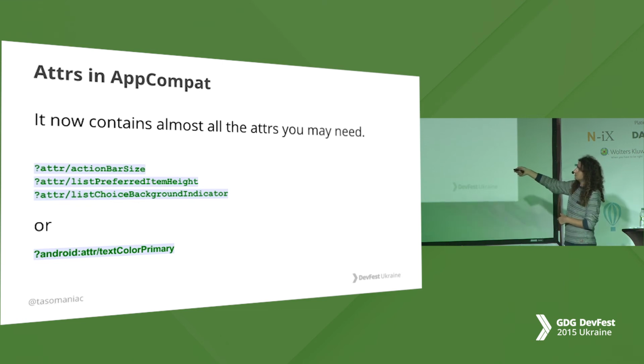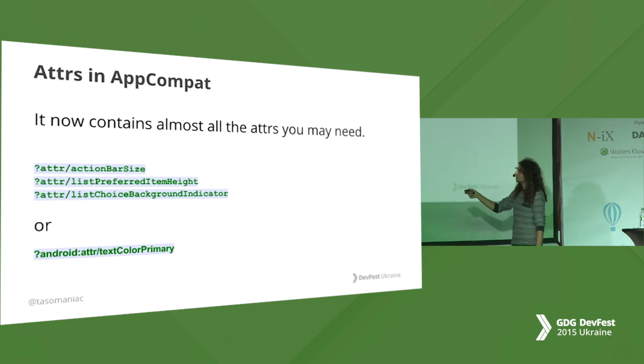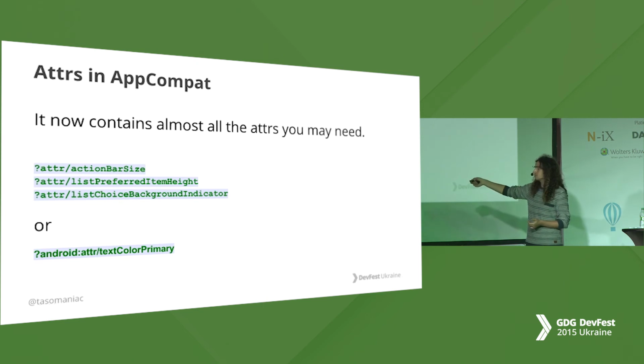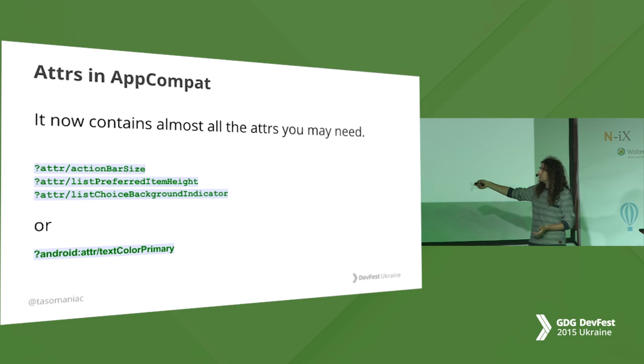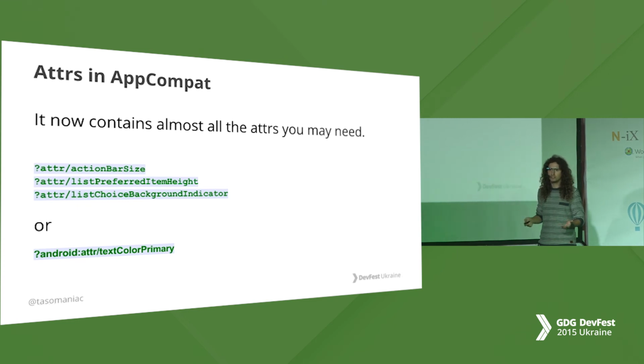So why is there a difference between these? It is because the text color primary attribute has been there from the beginning of Android. So all the devices already have this attribute. This is really old because it is basic. So Appcompat also automatically changes this to make it material.